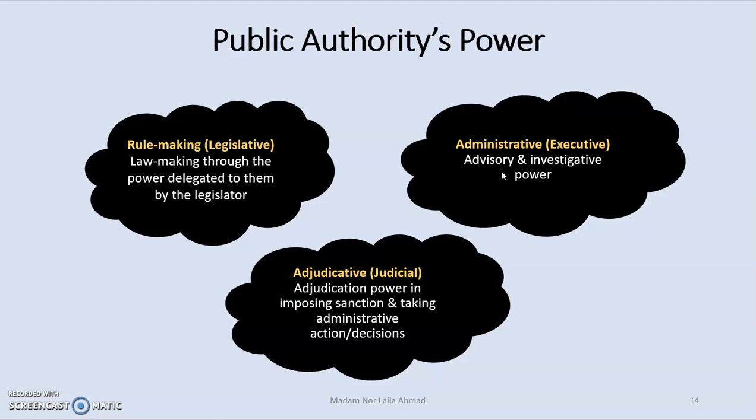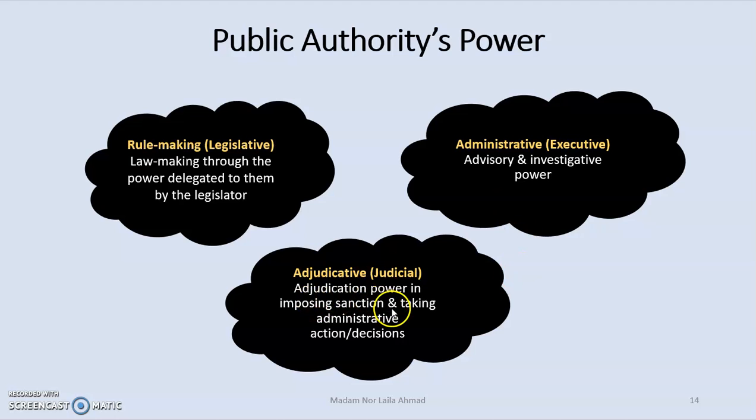So they have the role to advise the public prosecutor. And apart from that, they can exercise investigative powers, whereby they may investigate activities and practices that may be illegal.